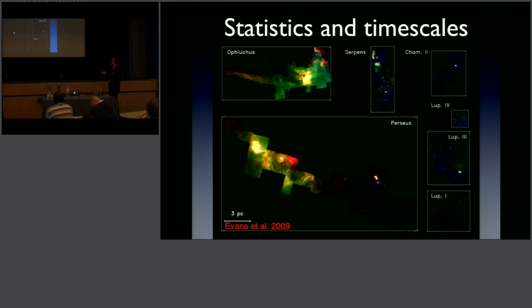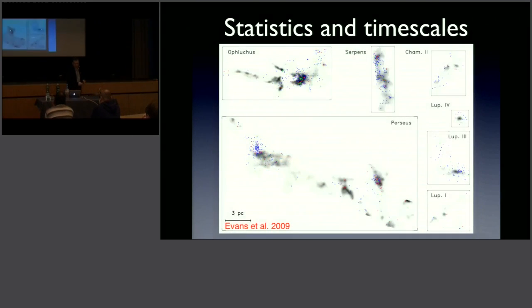The contrast is not great, but these are some of the nearby star-forming regions as observed by Spitzer. You also see the emission from the interstellar medium, essentially the small dust grains that are emitting in particular features, but this is not the topic of today, so you can forget the extended emission and look at the point sources.